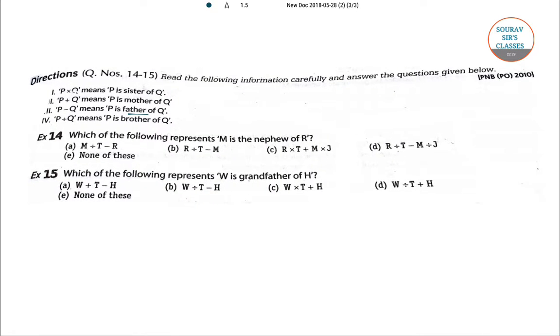Now in the first question, we have to find out which of the following will represent that M is nephew of R. So here we have to check each of the following expressions.